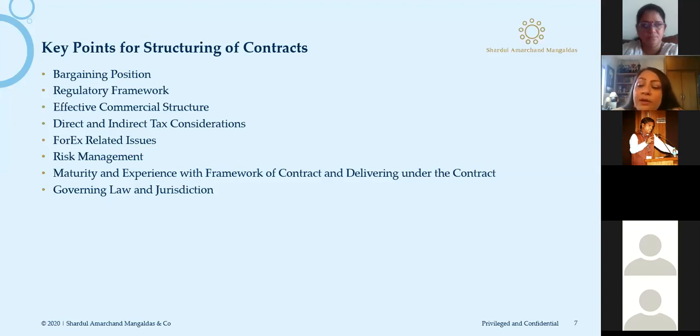For example, if I'm entering into a contract connected with pharmaceuticals, let's say a contract for contract manufacturing, I am giving a contract to a third party to manufacture products on my behalf, using my technology and know-how, using the basic raw materials supplied by me. It is on a job work basis that I'm giving it to that person to supply.